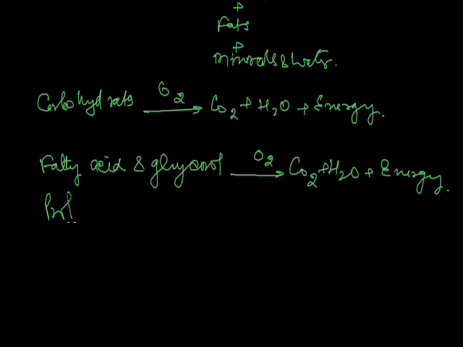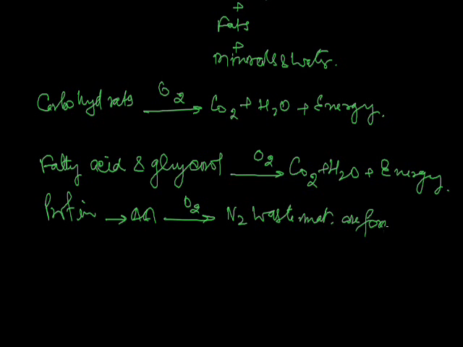When protein is converted into amino acid and oxidized, then nitrogenous waste materials are formed. These nitrogenous waste materials are urea, uric acid and creatinine.